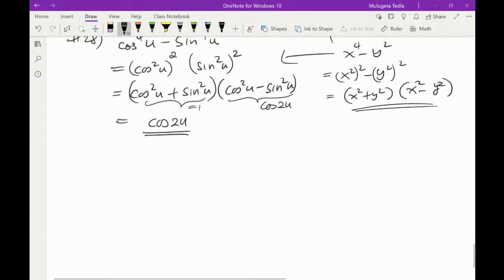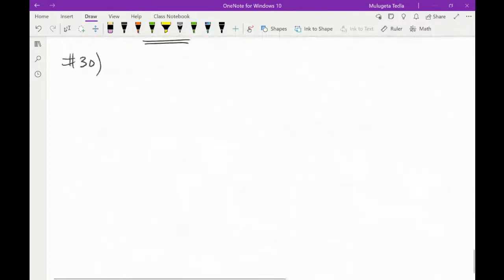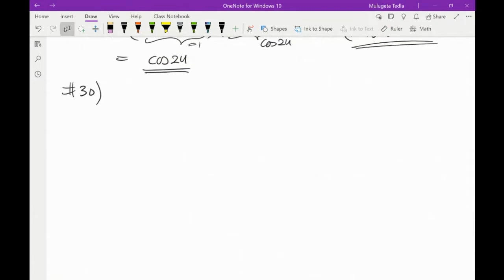Okay, the last question I want to do before I go on break, so I can come back and do the new section. Simplify again. Number 30, simplify cosine of 3x over sine x plus sine of 3x over cos x.